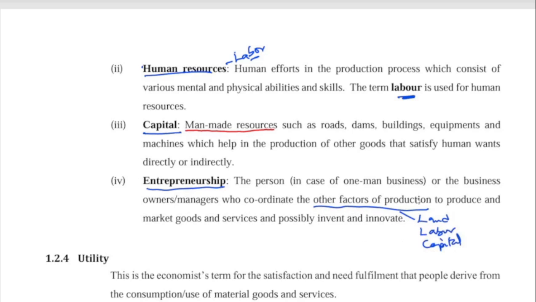This entrepreneur controls these other factors of production to produce and market goods and services and possibly invent and innovate. All of these are the work of an entrepreneur. And that's all about our resources.